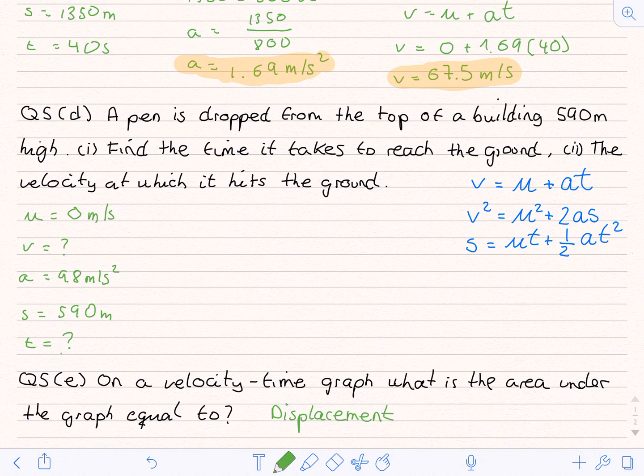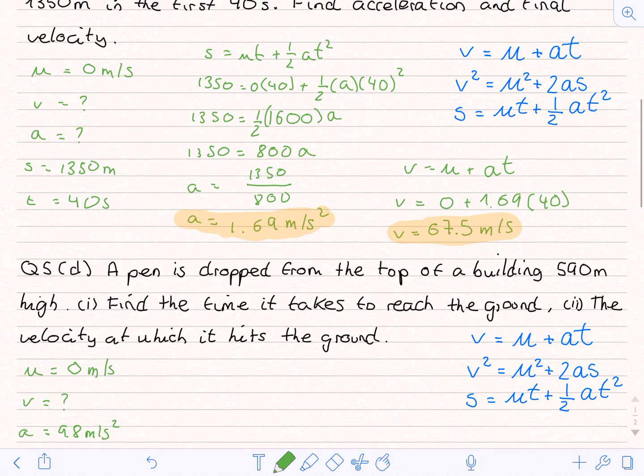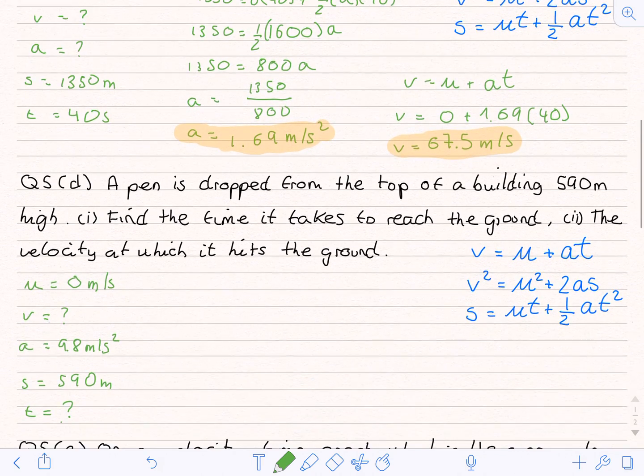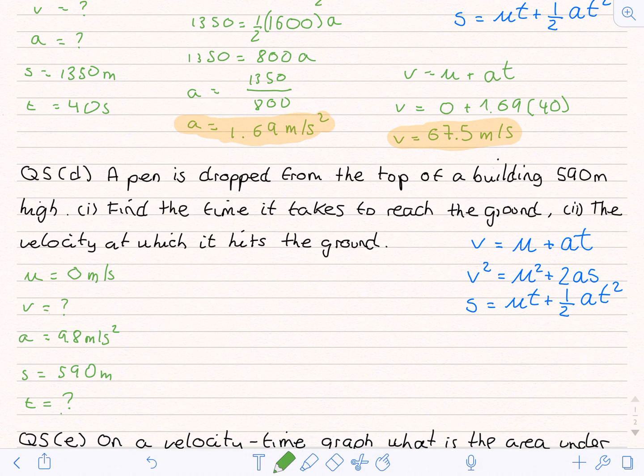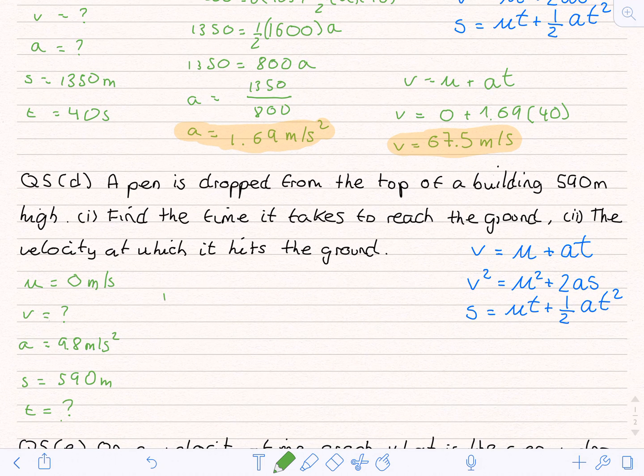First of all, we're going to use this formula here. We're missing a and t, so we're going to use this one here. v squared is equal to u squared plus 2as. So v squared is equal to 0 squared, which is 0, plus 2 by the gravity by the distance, which is 590, the height of the building.